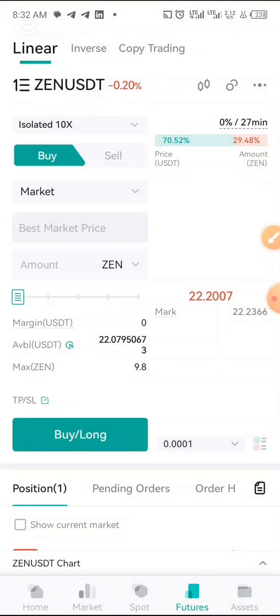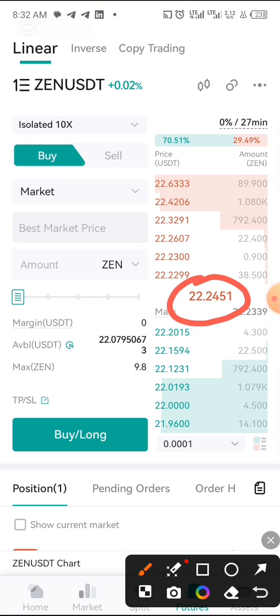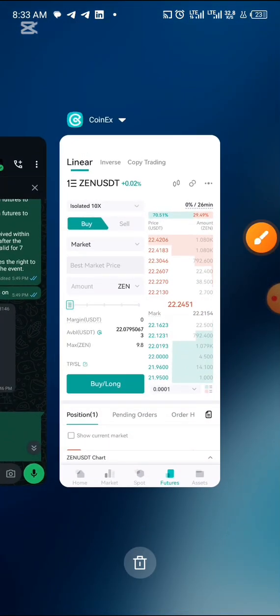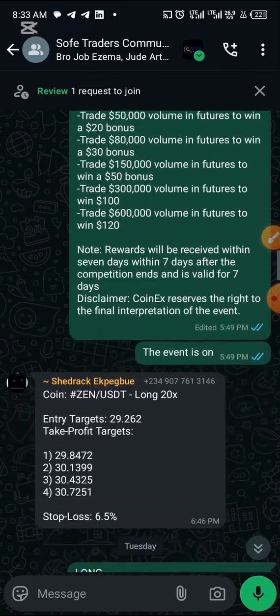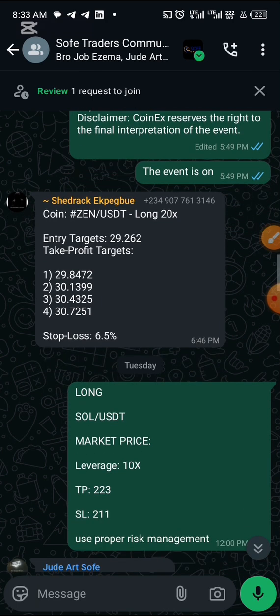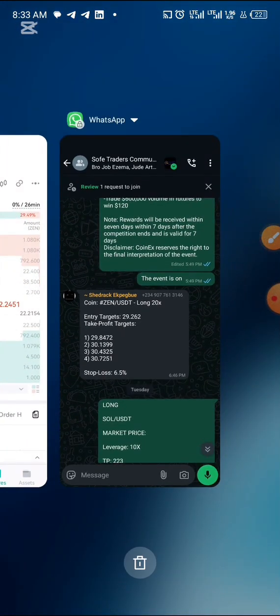You can see that the current price is already below the position because we want to long. The reason is because the market has been dropping. This signal was dropped since Monday, so it's actually an old signal. But let's still go ahead for an example.